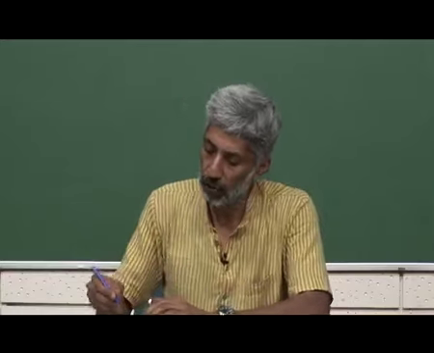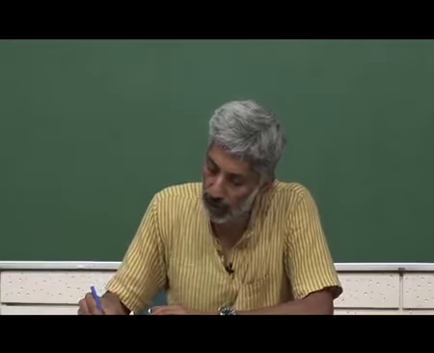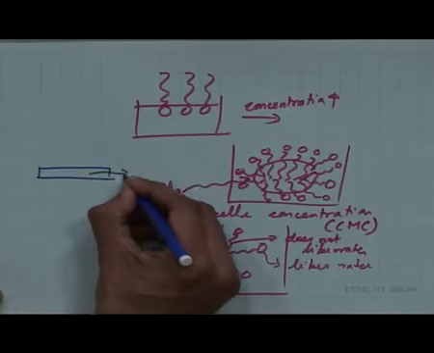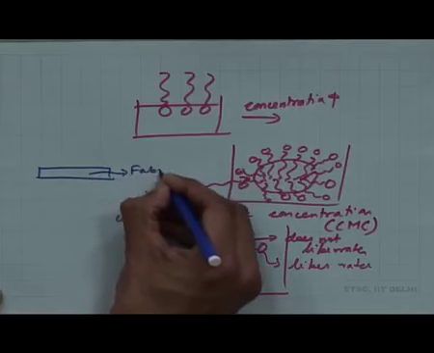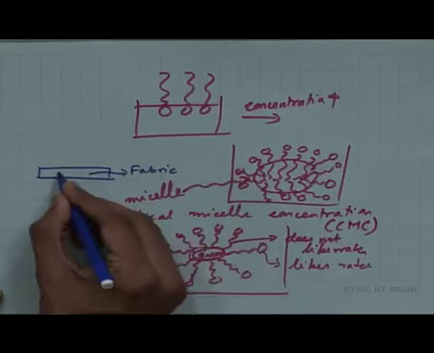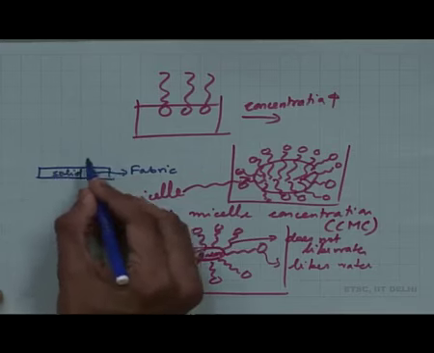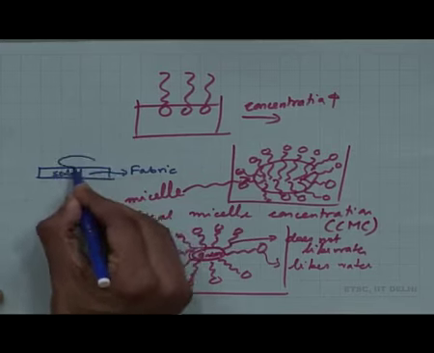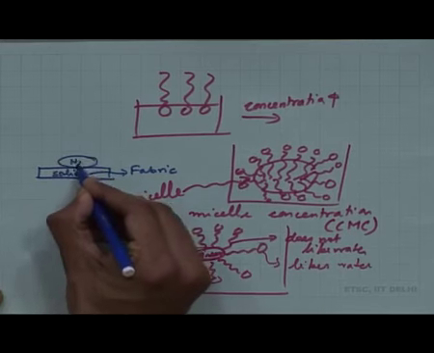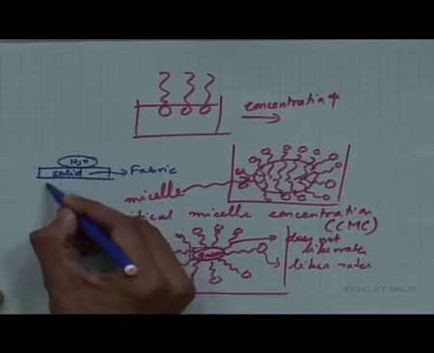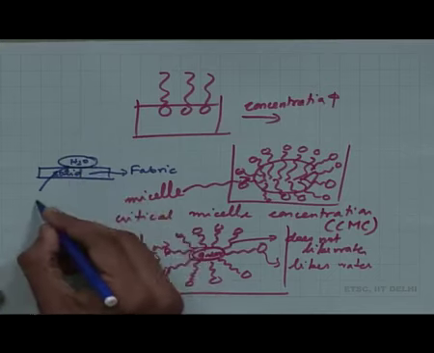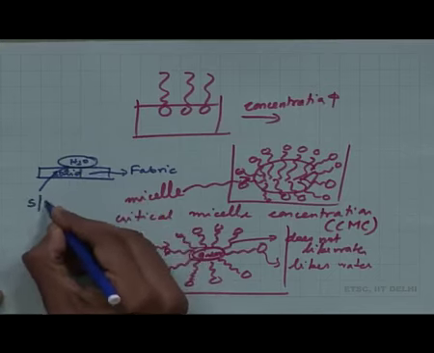If you thought about this, if this is your surface, so this is your fabric, call it solid, then if you put water here, there is an interaction between the solid and the liquid.